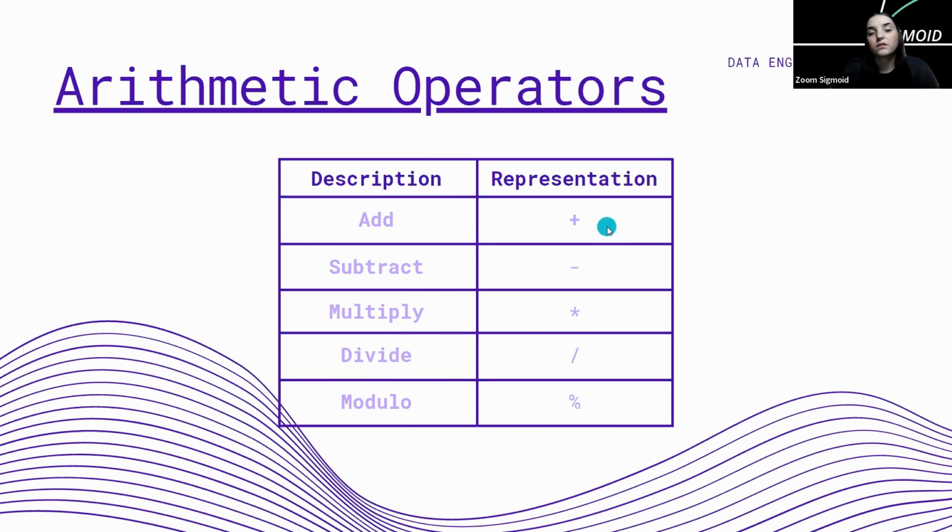Addition adds two numbers, floating point or exact numeric, doesn't matter. Subtraction is the same, multiplication multiplies, division divides, and modulo is the remainder of division. You are familiar with it, I think.